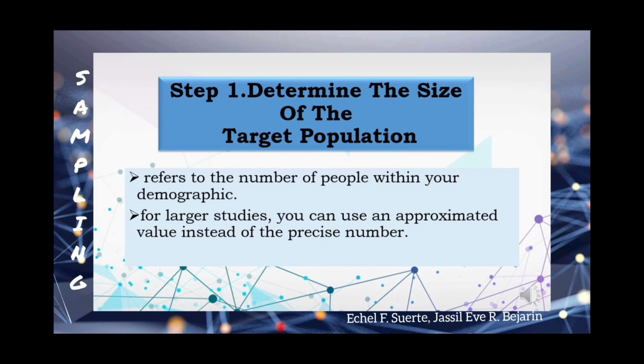Step 1. Determine the size of the target population. Population size refers to the total number of people within your demographic. For larger studies, you can use an approximated value instead of the precise number.